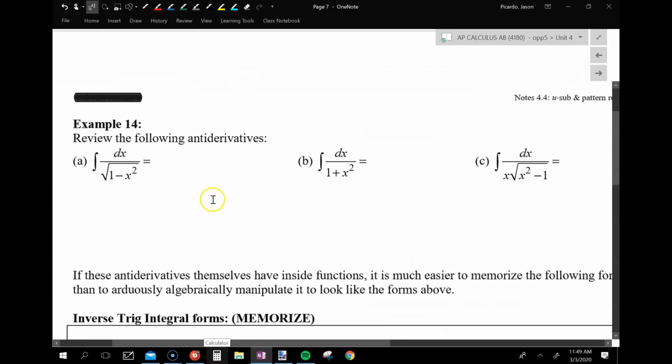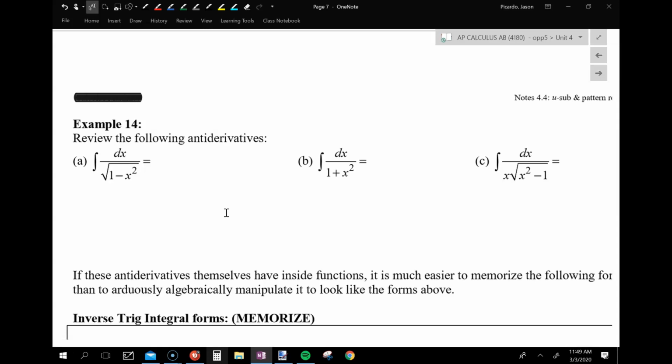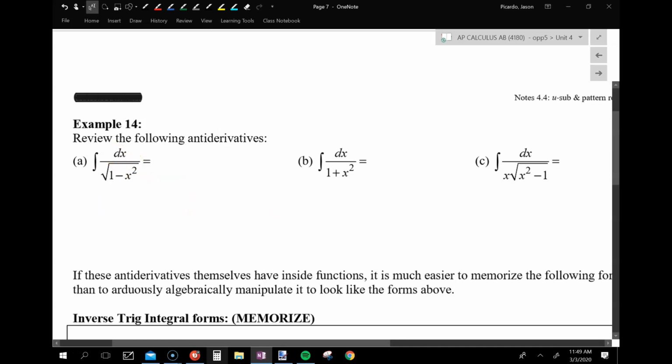So guys, what does that essentially start putting into play? Well, essentially that puts into play the inverse of the trig derivatives, right? So now we have this one right here, which I'm going to say is the same as sine inverse of x, because the derivative of sine inverse of x is this.